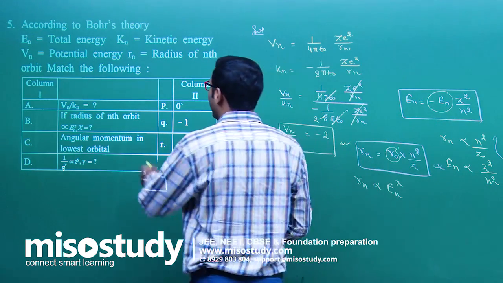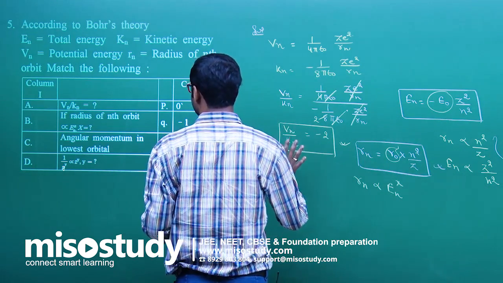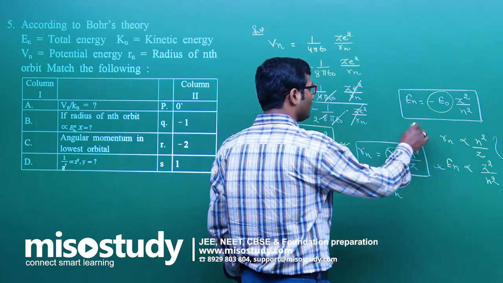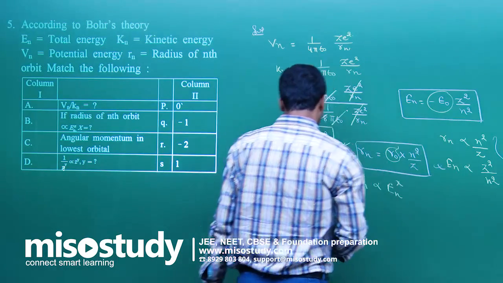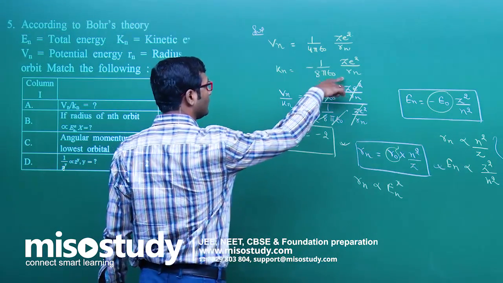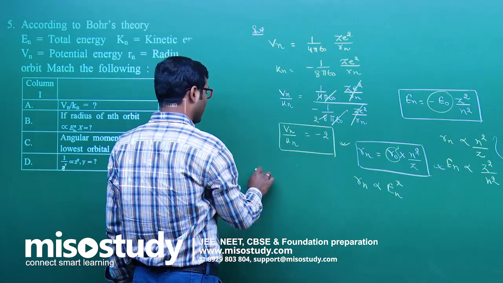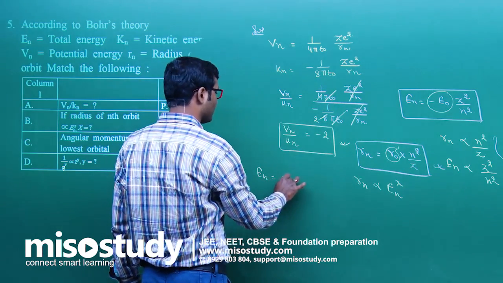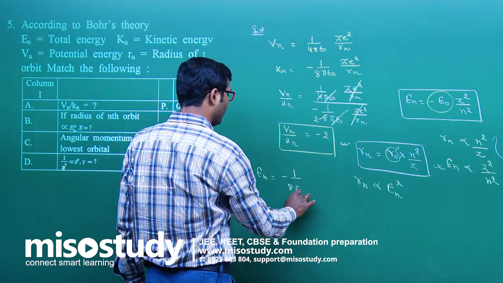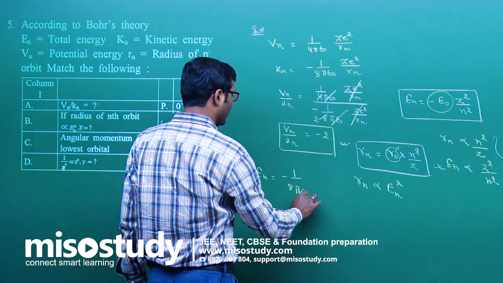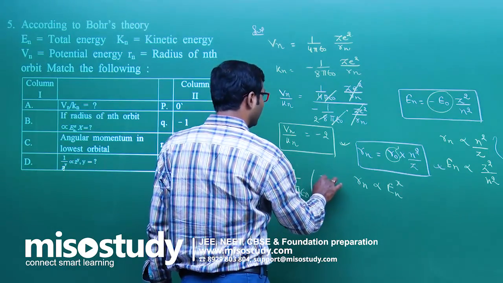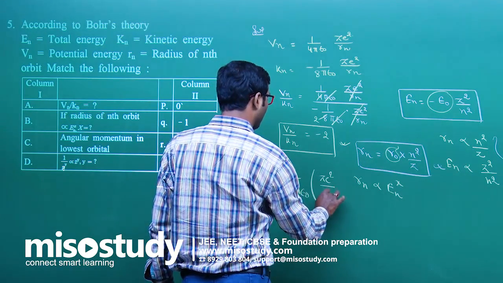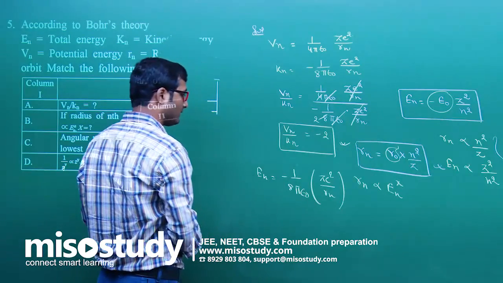I have checked it. Actually, we do not apply it here like this. We know the simple formula for energy En: 1 upon 8 pi epsilon naught times Ze square upon Rn. Clear?